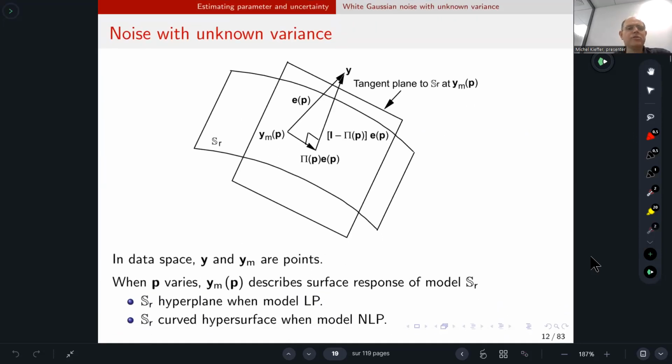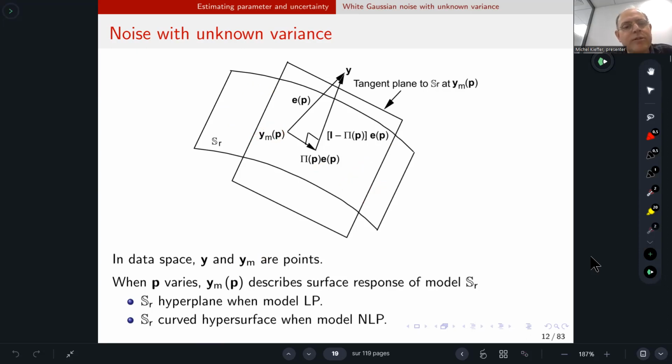We still know that the noise is Gaussian. So the main idea is to look at what happens in the data space. If we consider the data space, a space of dimension nt, we can represent the measurement as a point. Here, this is y. What we also have is the set of points described by the model output, ym of p, which evolve on this surface here.